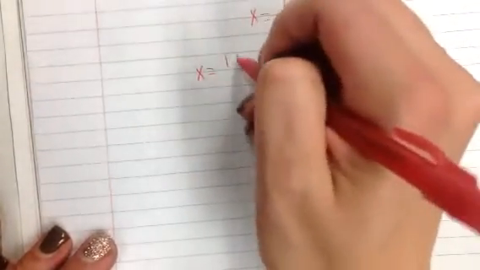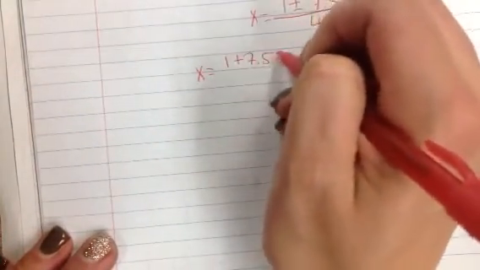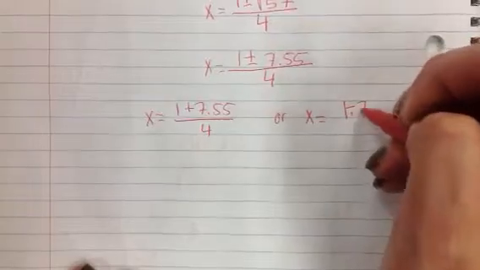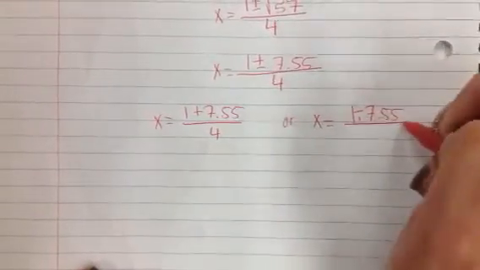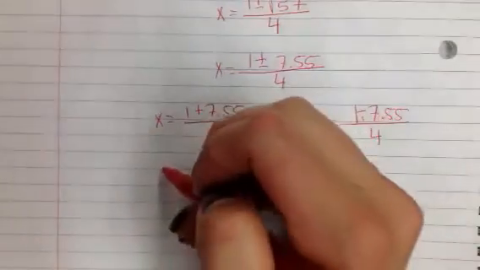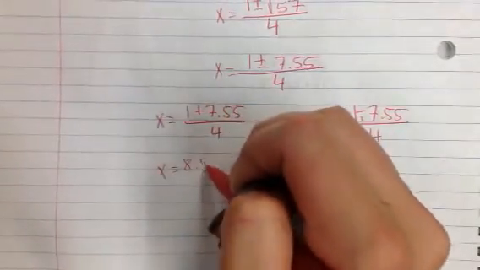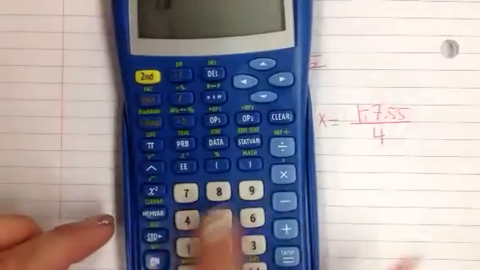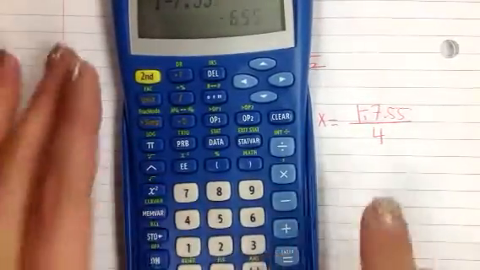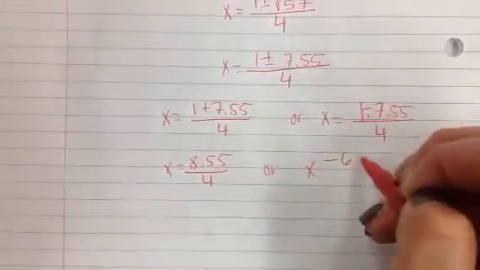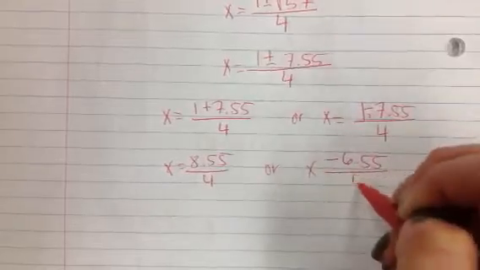X equals 1 plus 7.55 divided by 4, or x equals 1 minus 7.55 divided by 4. 1 plus 7.55 is 8.55 divided by 4. 1 minus 7.55 is negative 6.55 all over 4.